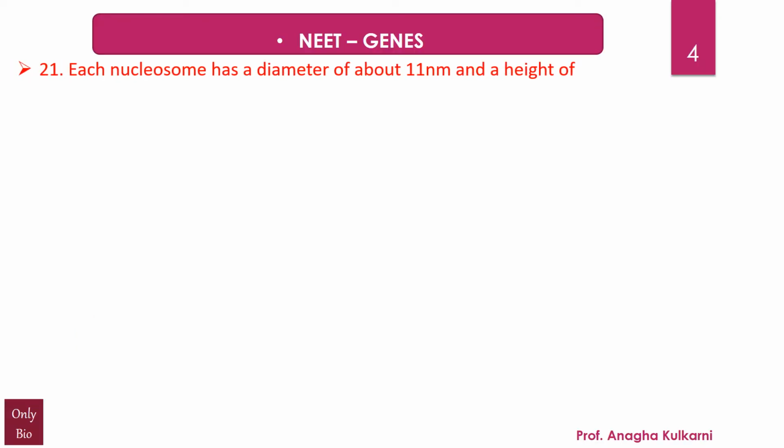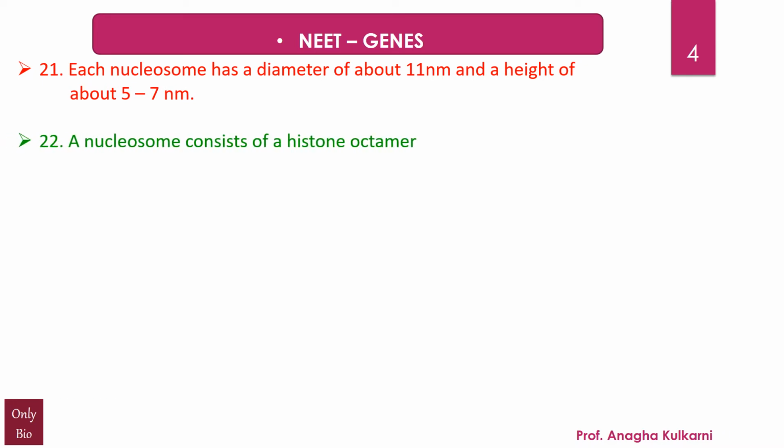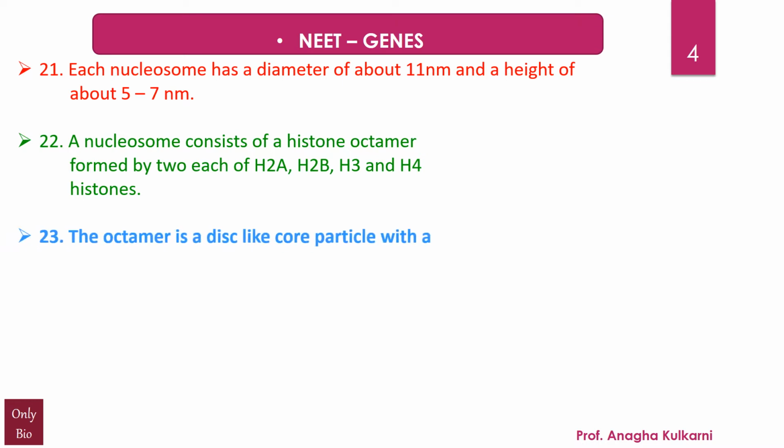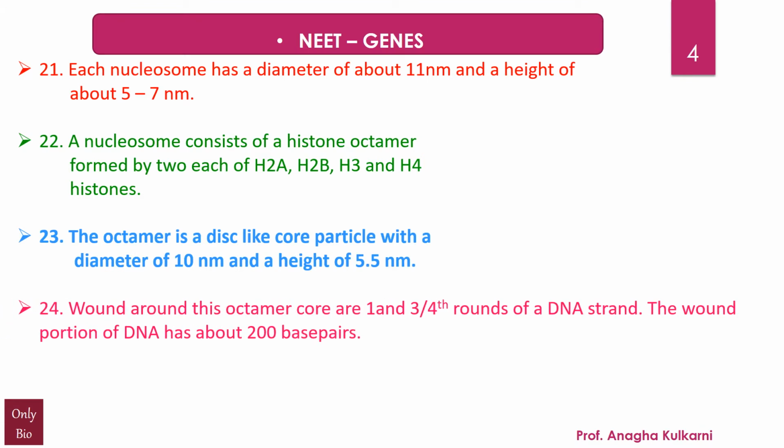Point number 21. Each nucleosome has a diameter of about 11 nanometers and a height of about 5 to 7 nanometers. Next, a nucleosome consists of a histone octamer formed by two each of H2A, H2B, H3 and H4 histones. Next, the octamer is a disc-like core particle with a diameter of 10 nanometers and a height of 5.5 nanometers.